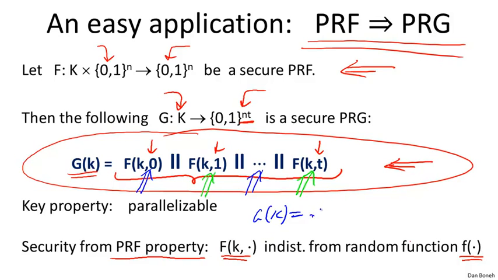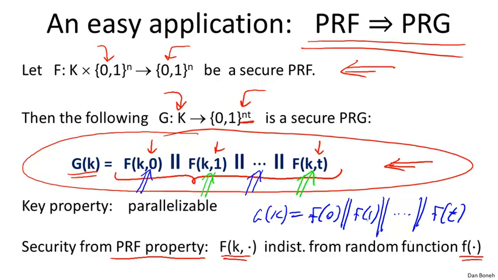I'll write the output of the generator as f of 0 concatenated with f of 1 and so on, using a truly random function. Then the output of the generator using the truly random function would be indistinguishable from the output of the generator using a pseudo-random function. That is the essence of the security property of a PRF.